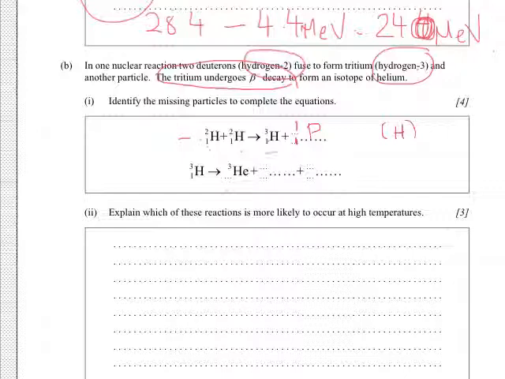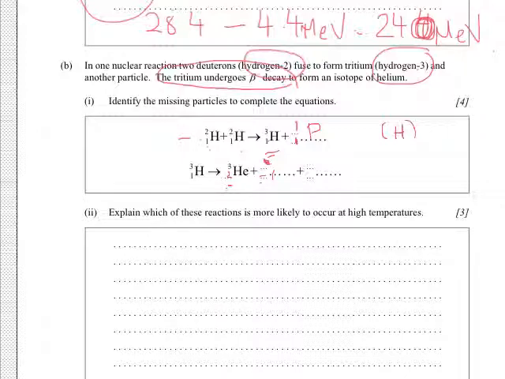Next step, this hydrogen 3 decays to give us helium. Well, you know this is going to be 2 because alpha particles or helium nuclei are 2, and that you need to know. And if you have 2 there, we somehow need to compensate for that by having a -1, whereas a 0 is on the top to balance the 3 out.